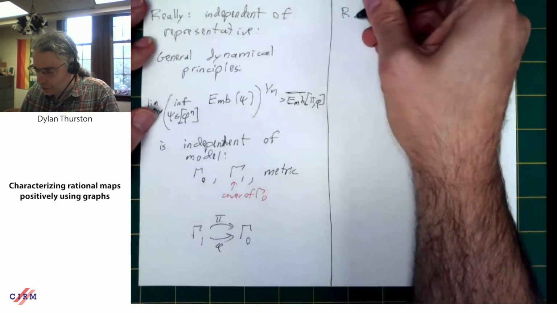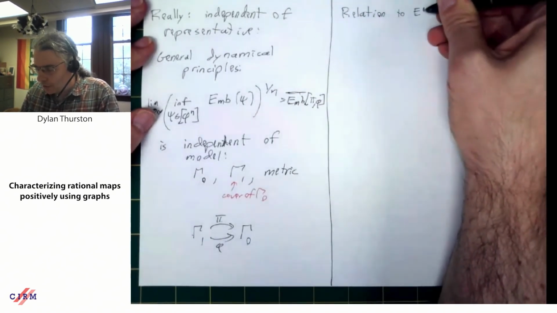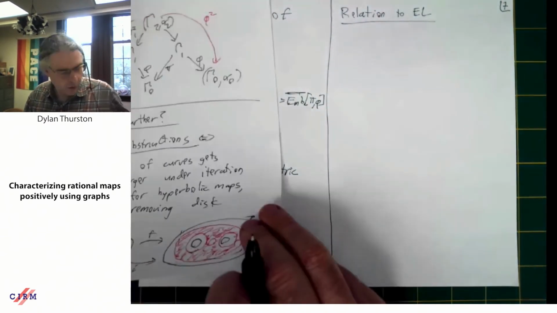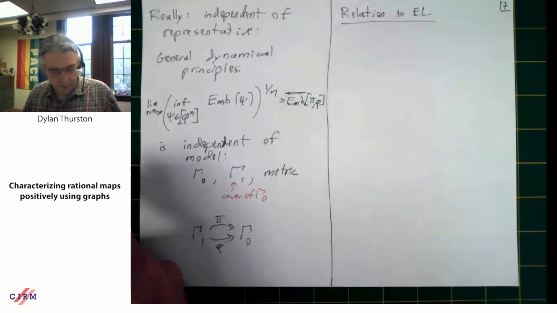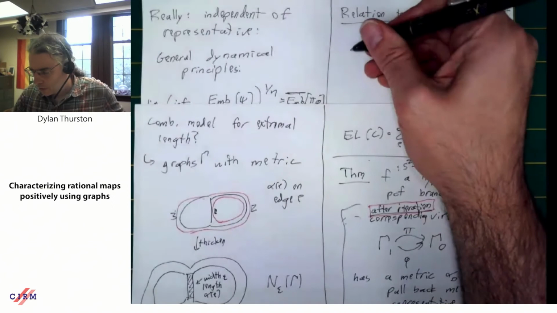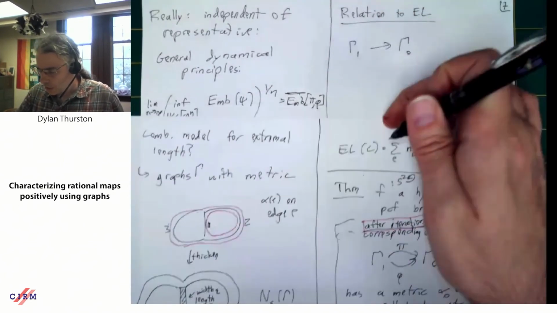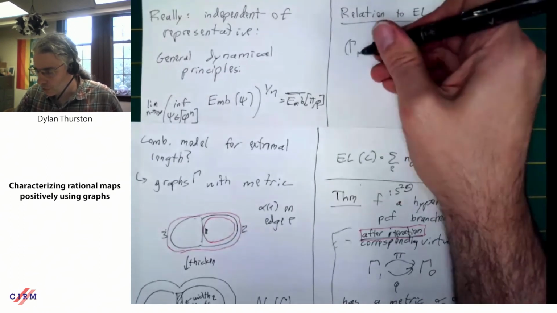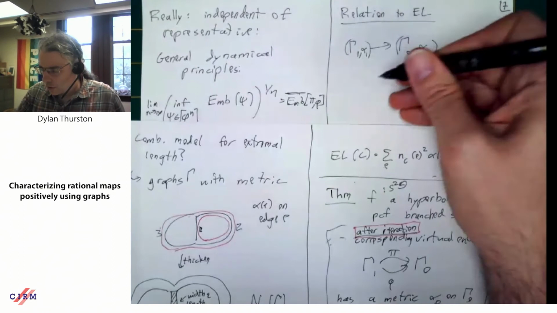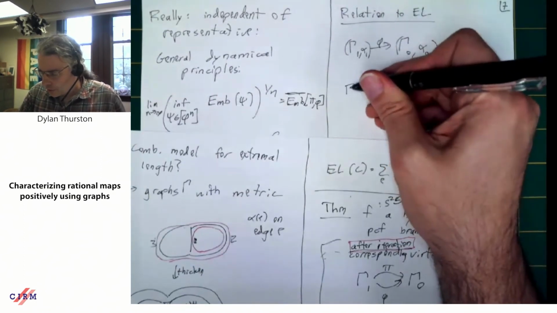And just to connect up to this extremal length, which is a key part of the proof here. I had this definition of extremal length, and this is a separate non-dynamical theorem. So I have two metric graphs like this, and some map between them.